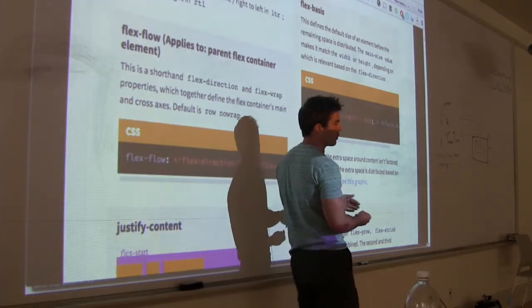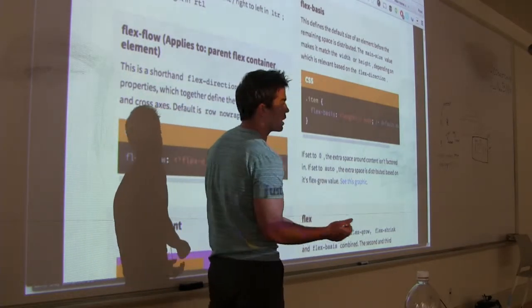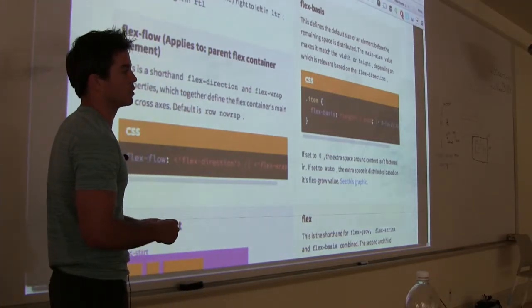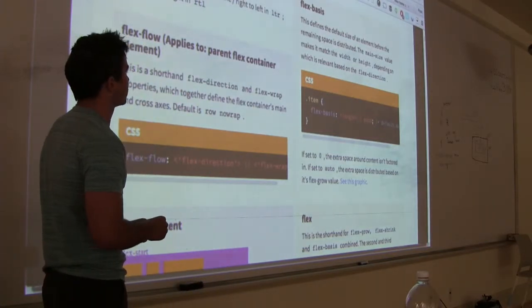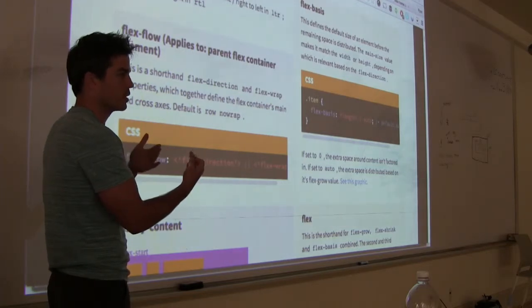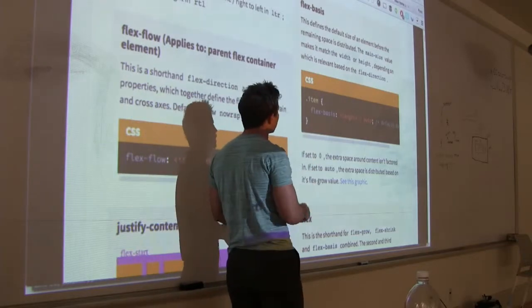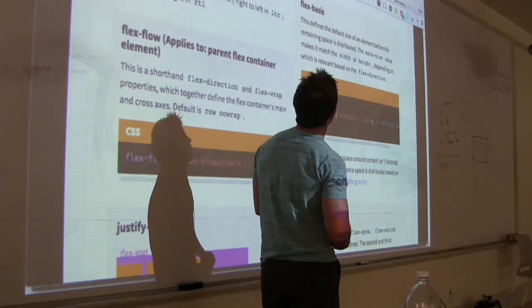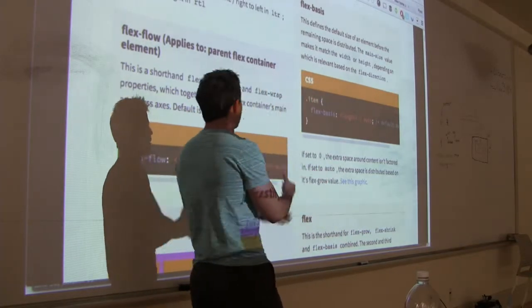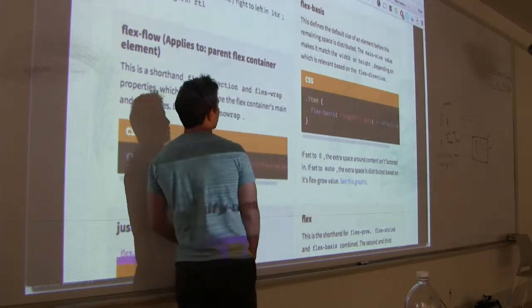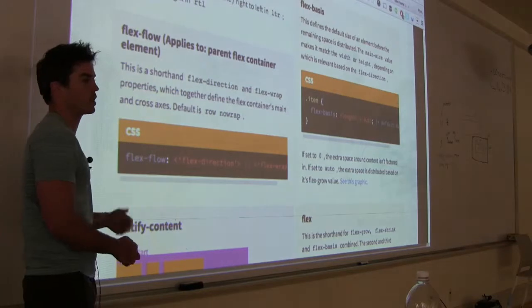Like we did earlier, we gave a flex basis of 75% to the main and a flex basis of 25% to the aside. So we set the widths explicitly, just like he did on here with his. As long as you keep that in mind, and then the flex grow, you can use that to evenly distribute things across the way, or proportionally distribute things. Outside of that, I think flex is way easier than the other things.